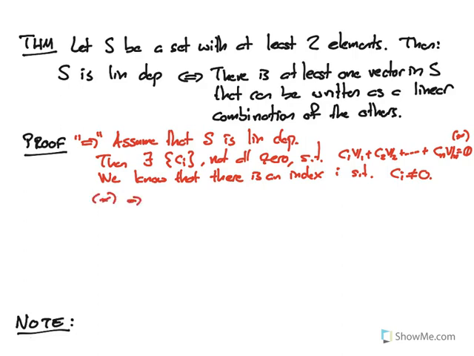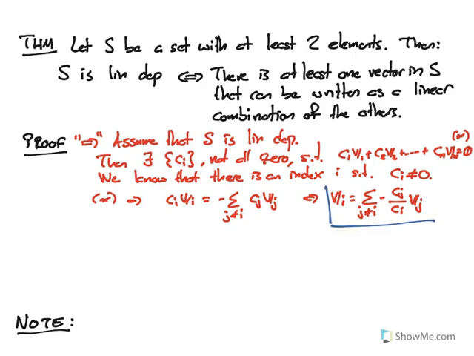And from star, we'll pull out Ci Vi, and then write this like that. And then now we can just divide by Ci to get that Vi is the sum over all indices j that are not equal to i. Okay, so there we have our linear combination. So now, under the assumption that S is linearly dependent, we've expressed one of the vectors as a linear combination of the others.